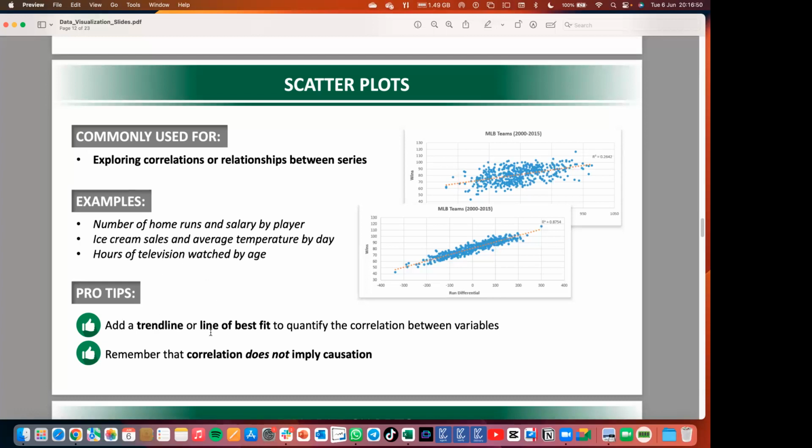So here the pro tips are telling us to add a trend line, yeah, a line of best fit. A line of best fit quantifies the correlation. So a line of best fit tells us the relationship we have. Now let me bring it nearer.